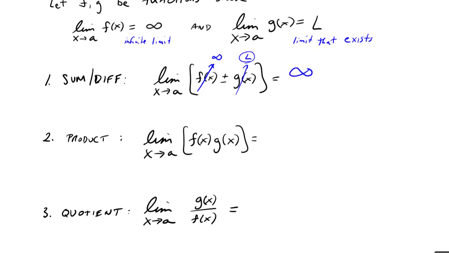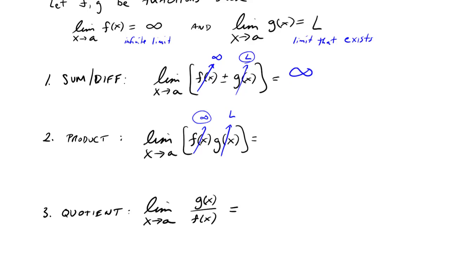All right, so how about the product? What if we take f and multiply by g and take the limit as x goes to a? Well, remember, f is going off to infinity and g is going off to some L. So f is getting really big, and L is some number.